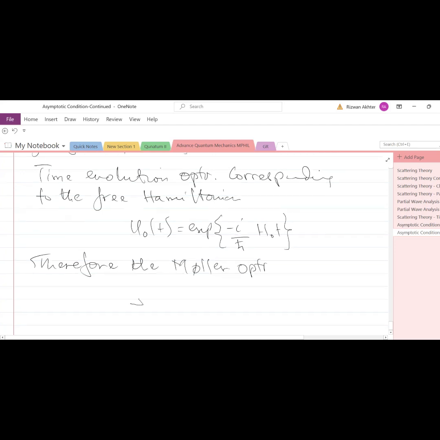This would be omega plus minus, which is the limit t tends to minus plus infinity of U dagger of t U naught of t.